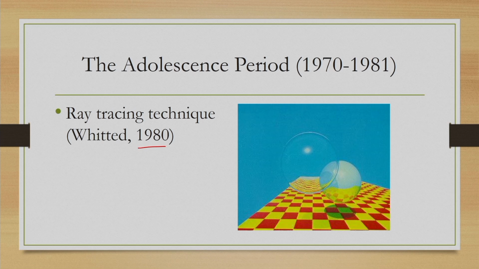Using this technique, we can develop realistic 3D images on a 2D screen in a better way than using the other techniques. Now, these are techniques that were developed to improve the quality of the synthesized images, to make them more realistic, more natural.